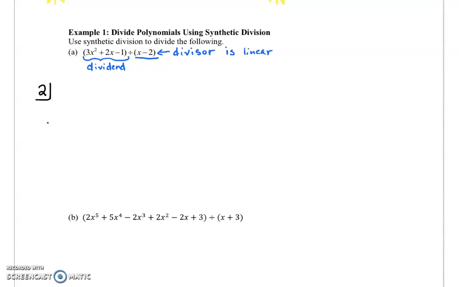I think the book sets this up more like it looks like division, but I learned it this way, so I'm going to do it this way. Then we write down the coefficients of every term in the dividend. So these numbers here are the coefficients in the dividend.